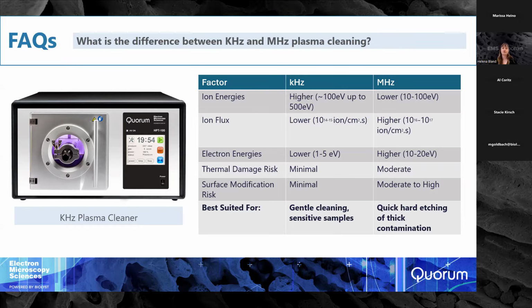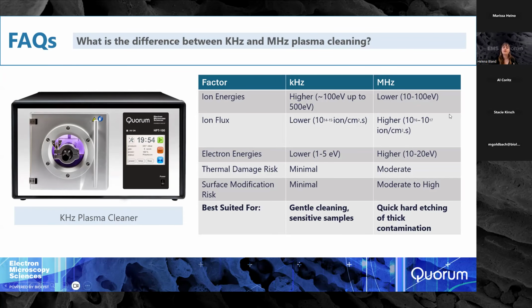This means the potential damage to samples is much lower in a kilohertz plasma cleaner, so kilohertz plasma cleaners are more suited to sensitive samples and gentle cleaning. A megahertz plasma cleaner is more of a hard etching of thick contamination.